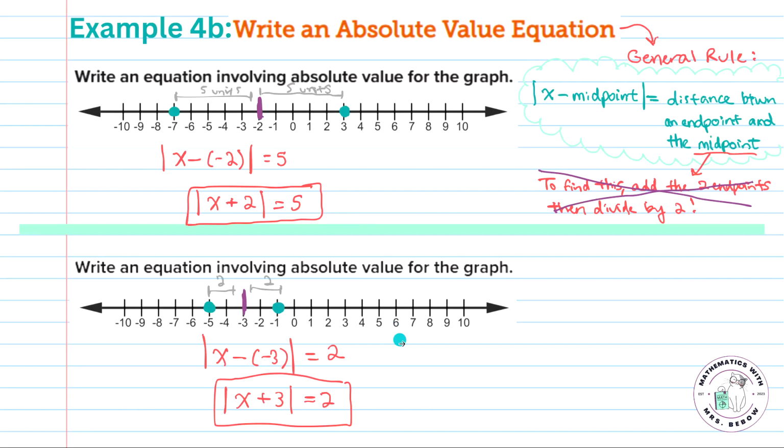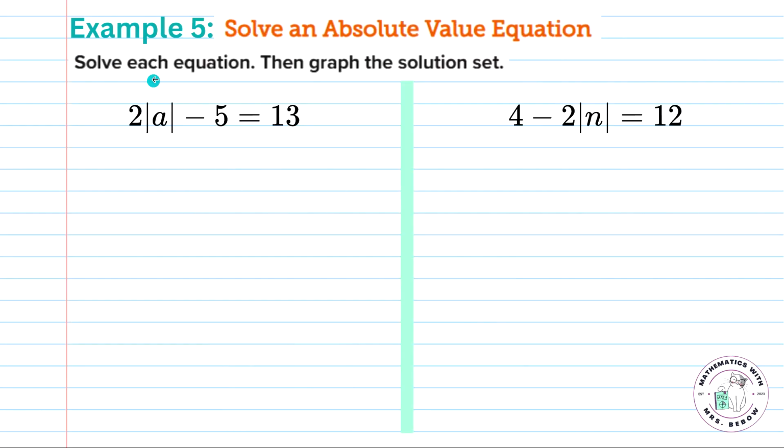All right, so some other situations that might pop up when working with absolute value equations are something like this, where we have to solve each equation and graph the solution set. But notice that with my absolute value symbol, there's more going on. It's not just a set of absolute value symbols equals this number here. So we actually have to isolate these absolute value symbols away from everything else.